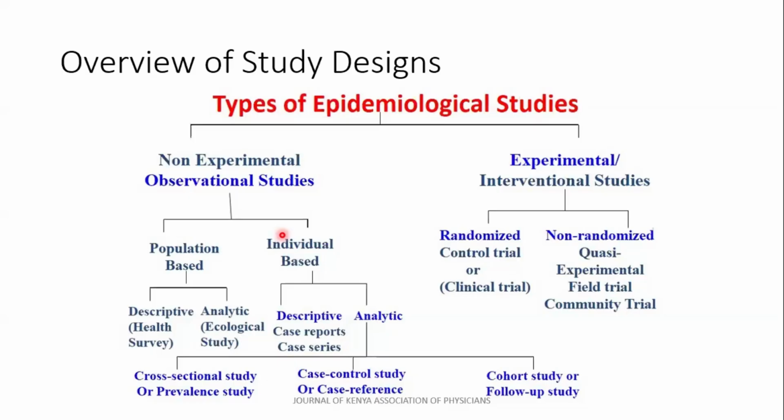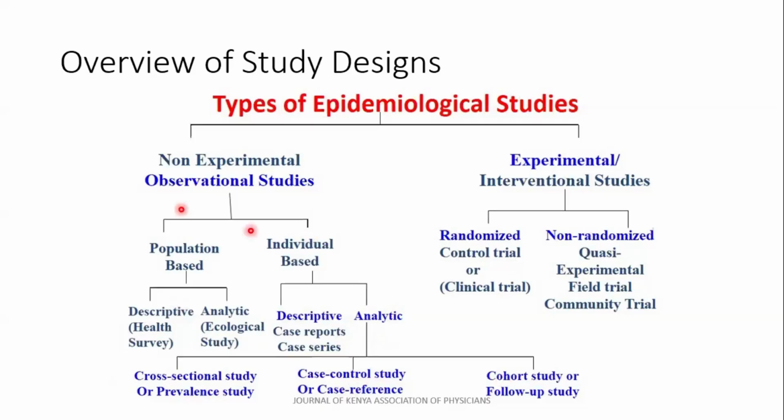And then analytic, they try to see the characteristics and correlate them and see if there are any associations between various variables. So descriptive ones can either be case reports, case series, or descriptive cross-sectional studies. And then analytic ones are either analytic cross-sectional studies, case control studies, or cohort studies.